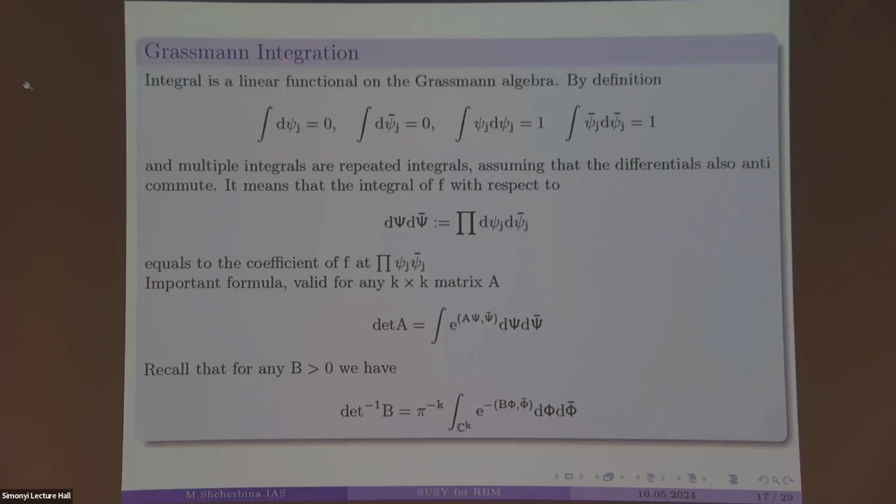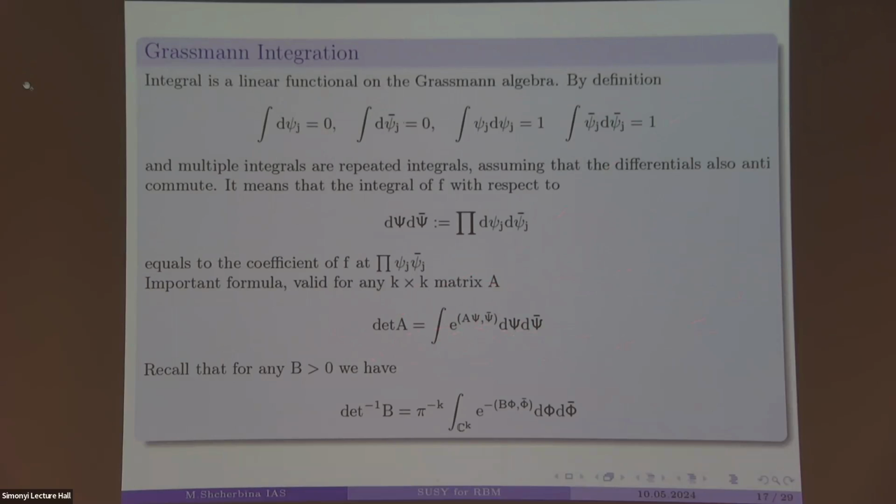So it's just the coefficient in front of the term which contains all of these. Okay, a definition is a definition, but an important feature of this definition is that if you define in this way the integral of the quadratic form, then you obtain a determinant.